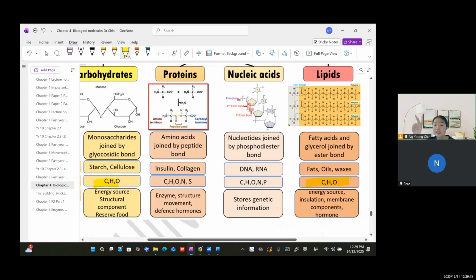But the protein is different. In the proteins, the elements include nitrogen and sulfur. But in the nucleic acid, there is an extra element, phosphorus, because they have a phosphate group, which is made from phosphorus.